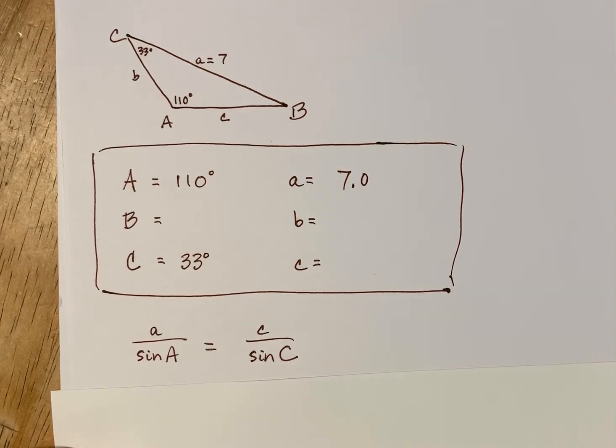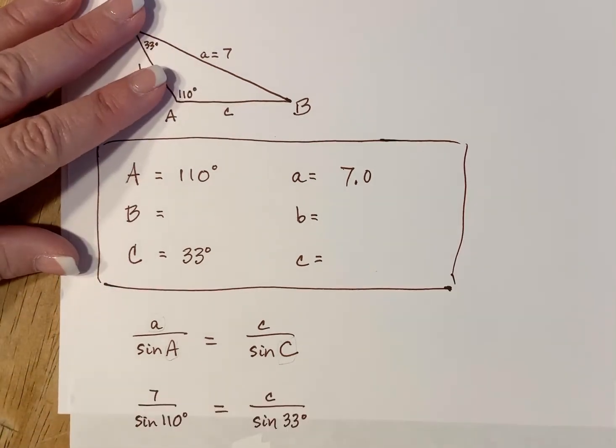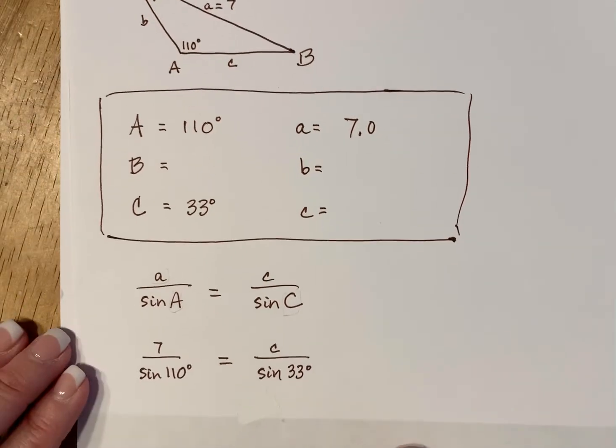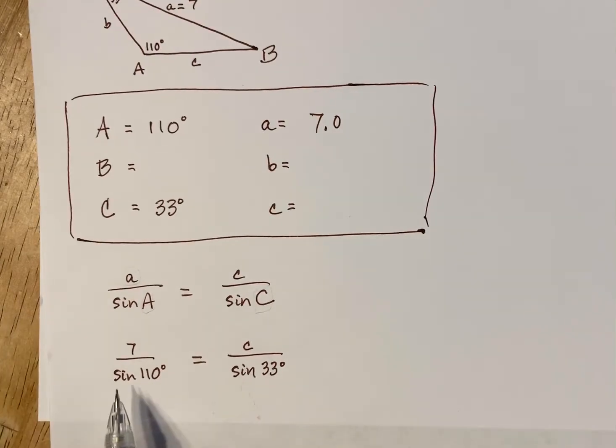And we can put in the three measurements that we do know. We know both the values of a, the lowercase a and the uppercase A, and then we know the uppercase C. So if you put the numbers in, you are looking at this ratio: 7 divided by the sine of 110 degrees is equal to c divided by the sine of 33 degrees. Now, you can just solve this as a regular equation.